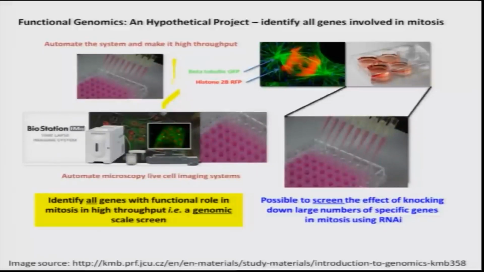That again helps, and then you have, for example, a workstation which completely takes care of imaging at every interval and processing it and telling you all these things. These are all doable, and with this, at the end of 2 days, 3 days, you will be able to call how many genes possibly affect mitosis.